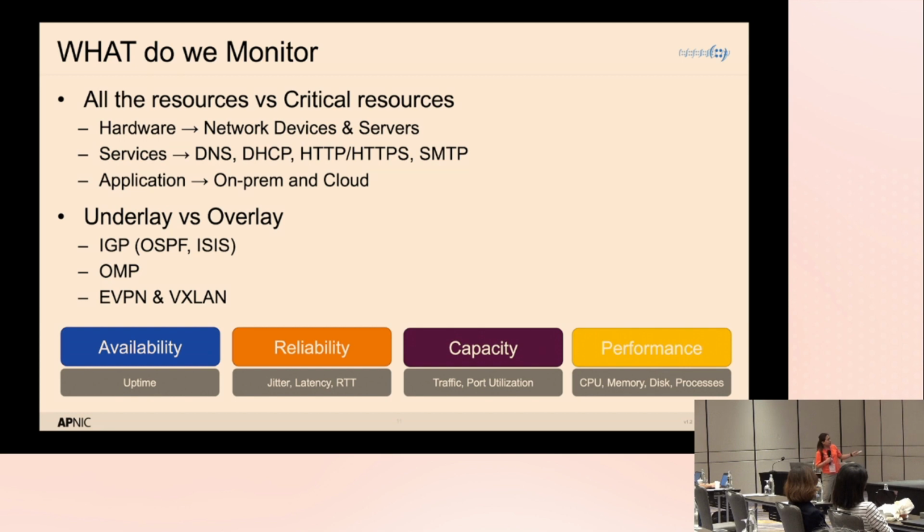The question is, do we monitor everything or do we monitor just critical services? I don't exactly know the answer to this because it relies on your own implementation. But as a general rule, it's always okay to monitor all resources, so long as your attention doesn't diminish on the critical services.